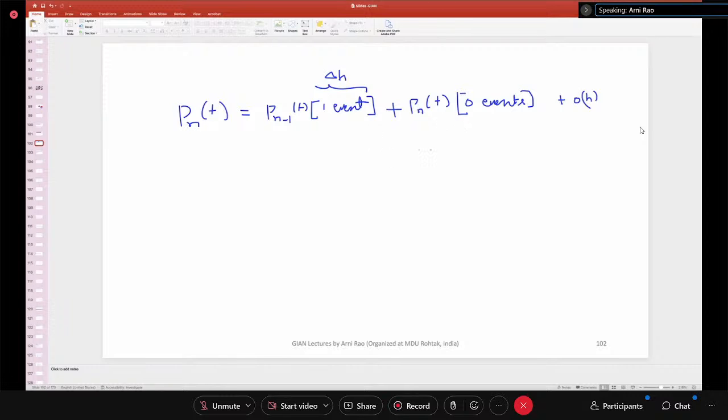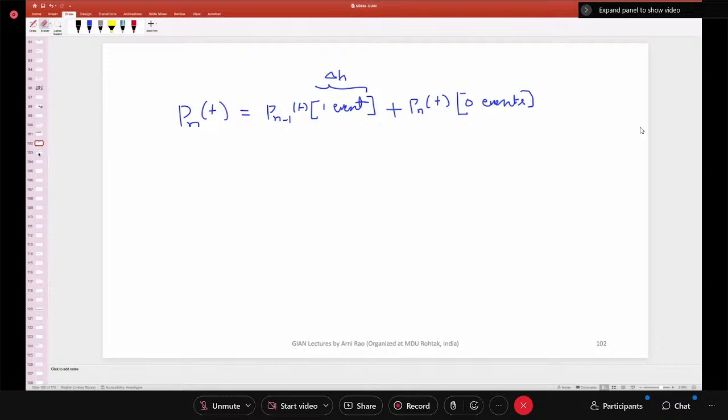So more than one event is ignored. Not considering the order of h outside is still fine, because we would be adding order of h inside the zero-event or one-event component. That's what I wanted to clarify.